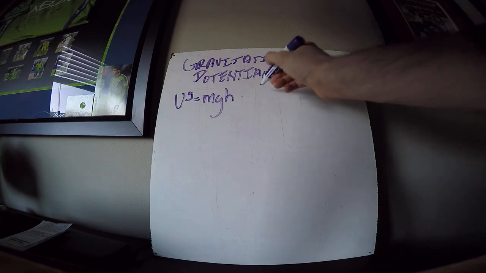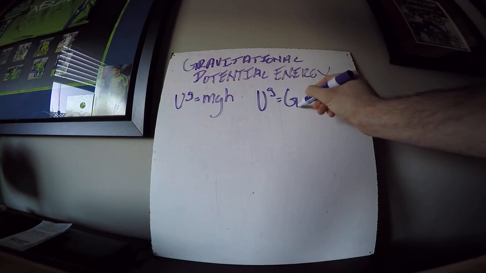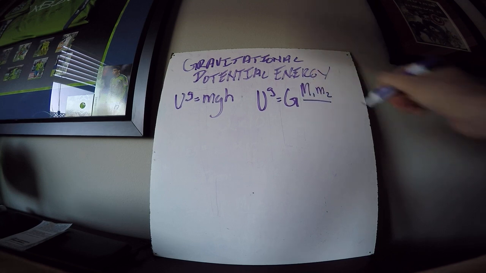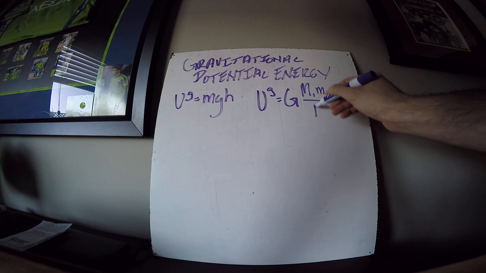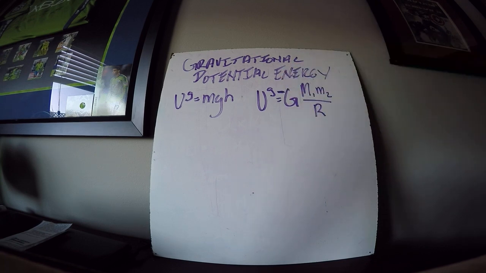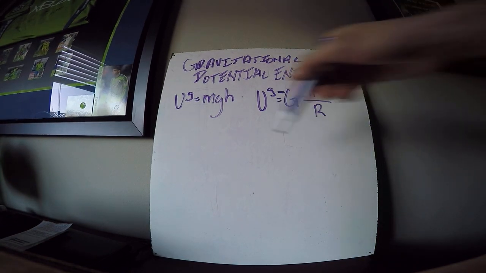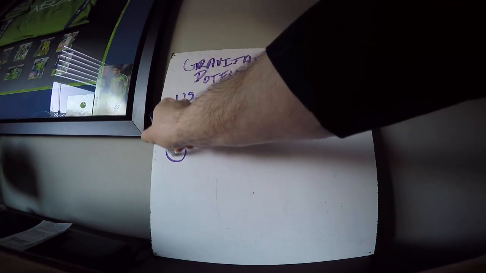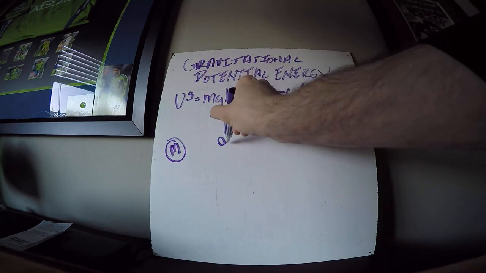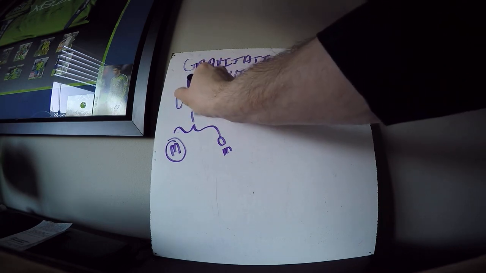So the universal gravitational potential energy is G m1 m2 over r. Only difference here is it's negative. If we're drawing a picture of this, we have the big mass here, and the smaller mass here, and the distance between them is r.